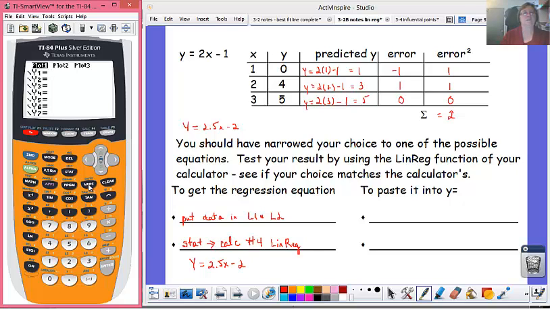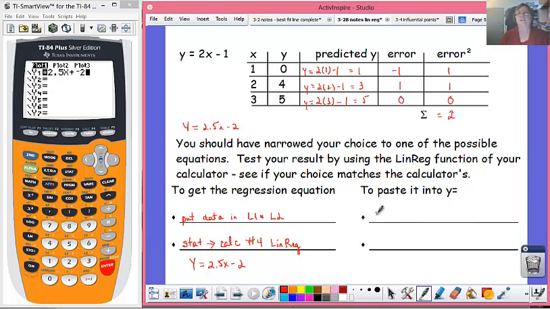The paste function is under vars, and I'll write this down in a minute. 5, I always think a scatter plot is a statistical plot, so we want the statistics, and then we want an equation, so I'm going to arrow to the right until I get to EQ, and then RegEQ is the first option. And there it puts it in there for me, so I don't have to retype it, which is kind of nice. So to get that paste function again, it was clear y equals if necessary.